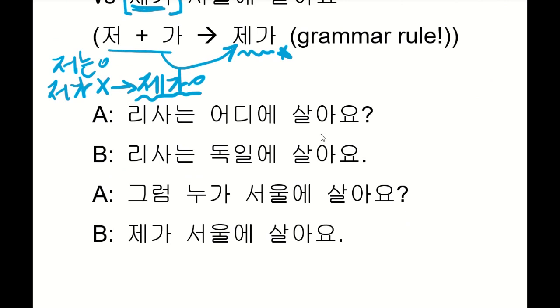So A said, 리사는 어디에 살아요? Where does Lisa live? And B said, Lisa lives in Germany.